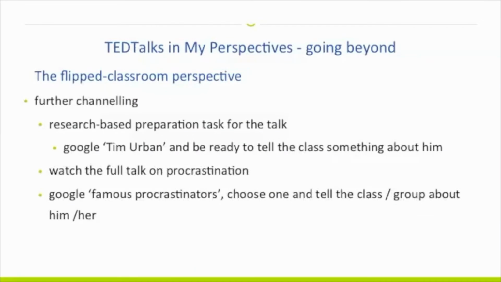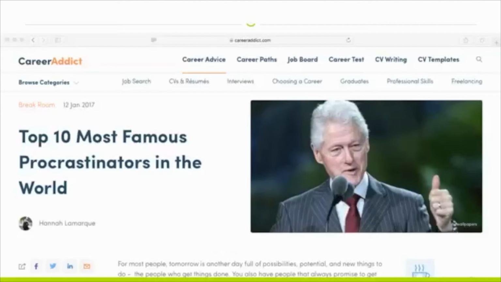Then another possible way of using the flipped classroom approach would be to Google famous procrastinators and ask the students to choose one of them and tell the class about him or about her, or the group if you want your students to work in groups. And again, I googled that, and as you could see, the first one is Bill Clinton.